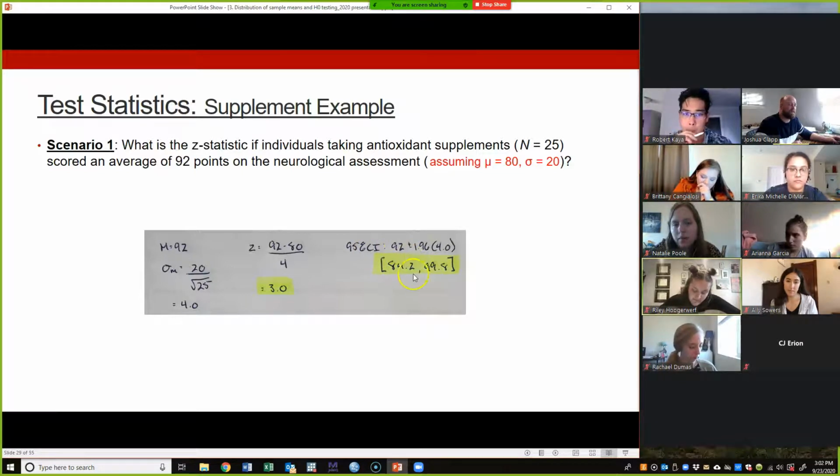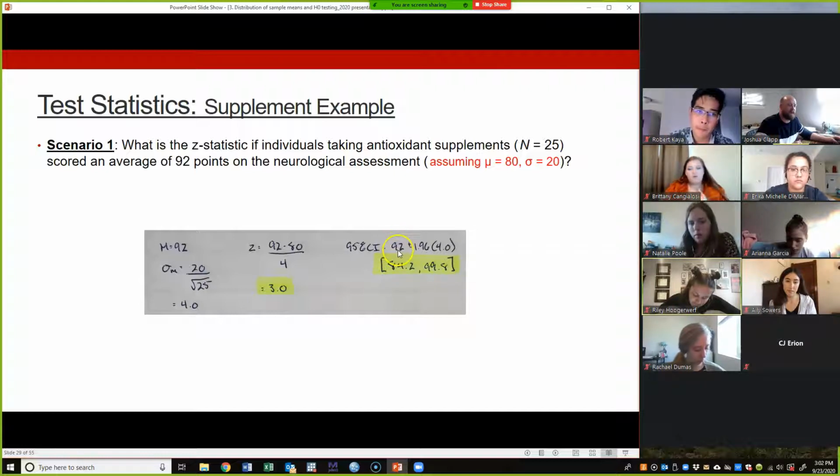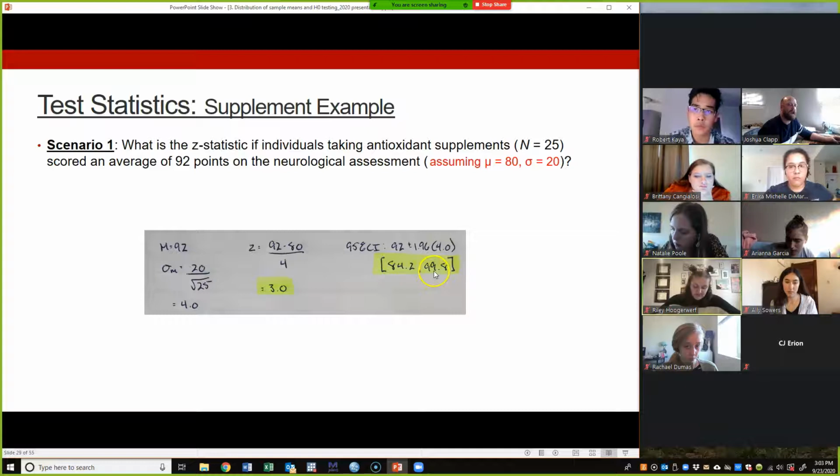And then if I calculate my 95% confidence interval, I've got my mean value of 92 plus or minus 1.96, the z-score associated with my confidence level, multiplied by my standard error of 4, which gives me a confidence interval of 84.2 on the low end and 99.8 on the high end. Robert, can you give me a practical interpretation of that confidence interval?